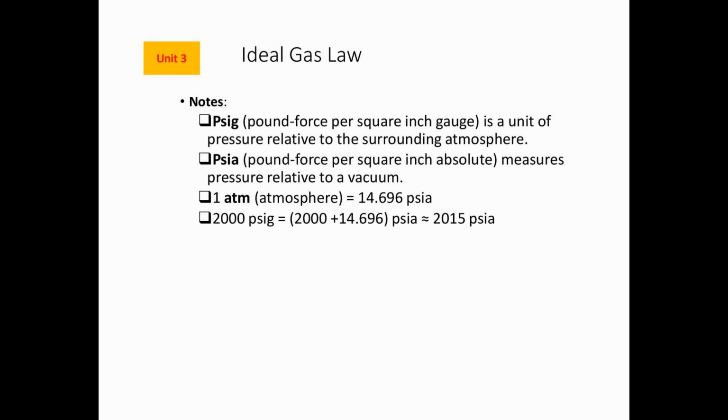The gauge is still 0, but it's not really 0 PSI. It still has 1 atmosphere. So we call PSIA pound-force per square inch absolute. 1 atmosphere is roughly 14.696 PSIA. So that's the conversion here: 2000 PSIG is 2015 PSIA.